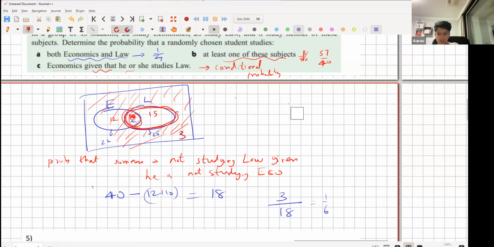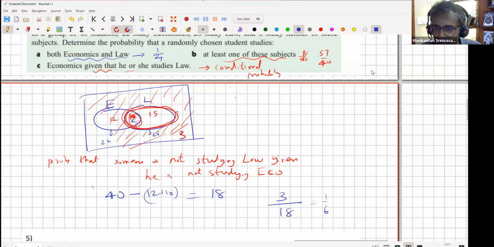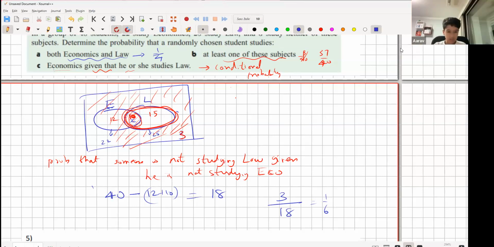Sorry, I'm not understanding your question. Please say it again. Since the question says given that he is not studying economics, isn't it 18, which is including just the people who are studying neither and the people who are studying only law?